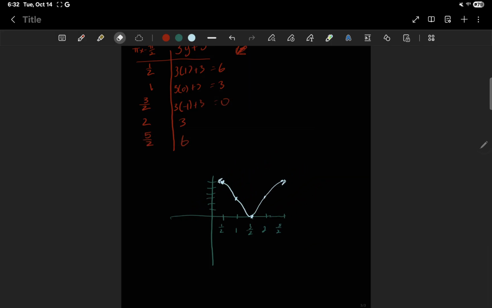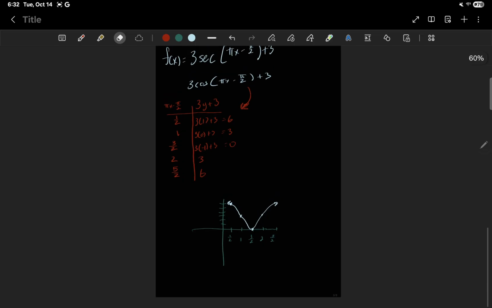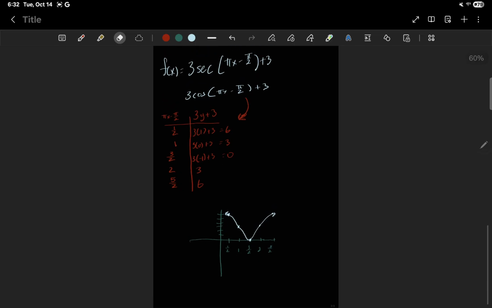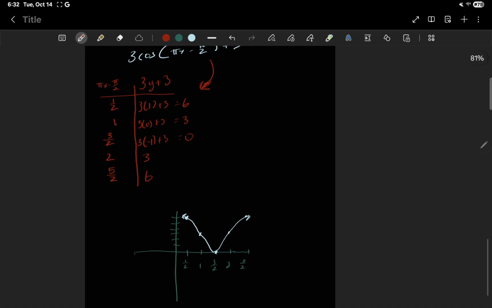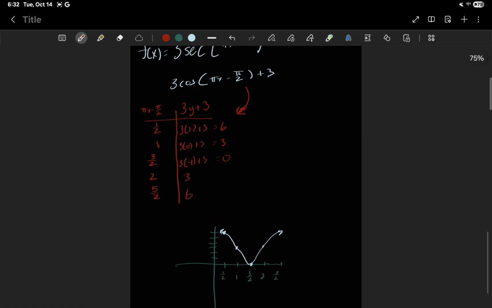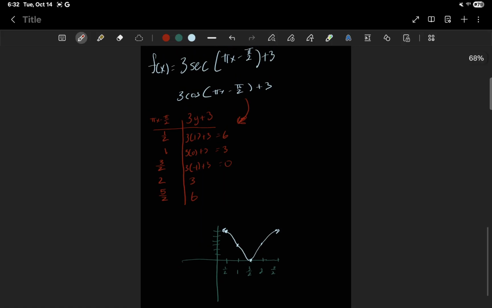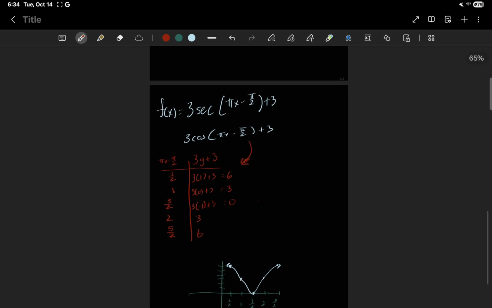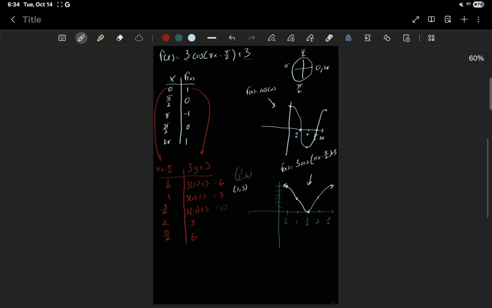Okay, cool. So this was the graph that we just did for cosine with the same numbers here. And so if we plug in for secant, remember that secant is just 1 over cosine. So wherever you have a 0 for cosine, actually, let me go bring the original table back too.